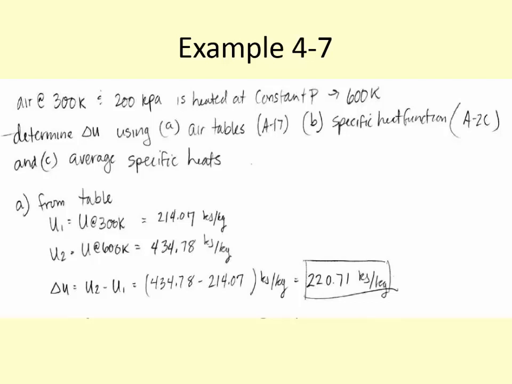So part A, they want the internal energy per unit mass. They didn't give us a mass in this problem, so lowercase u is equal to U2 minus U1, or 434.78 minus 214.07 kilojoules per kilogram. So that value ends up being 220.71 kilojoules per kilogram.